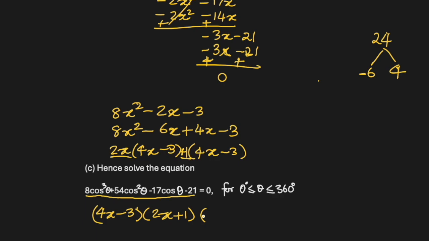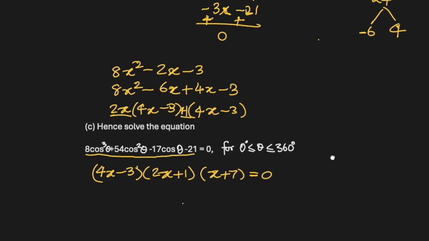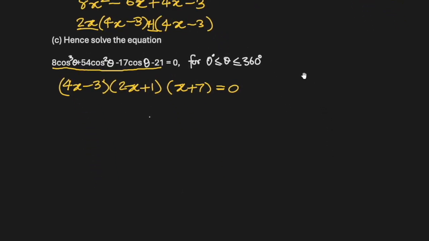And we had x plus 7 already. So these are three factors of the original function. And this equation is in terms of cos. So now we will proceed with cos. So it becomes 4 cos theta. In place of x, we have cos theta now.